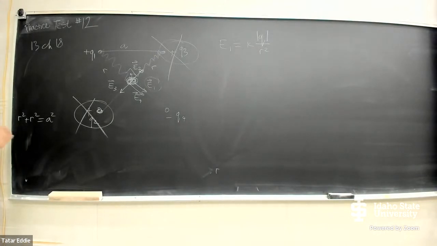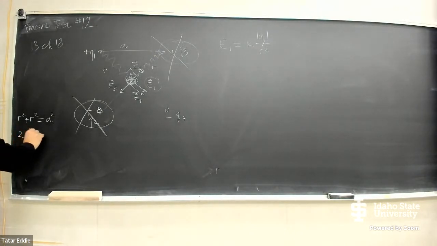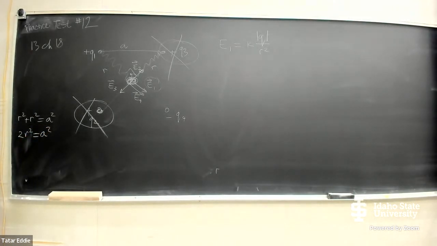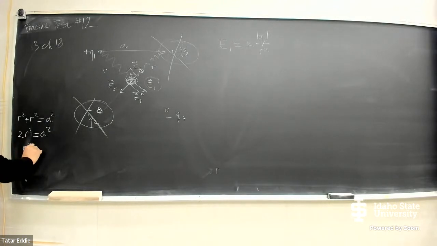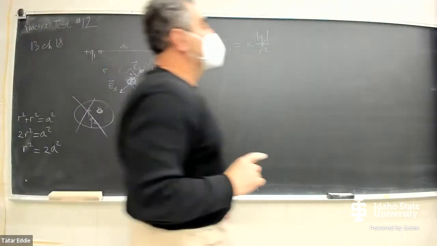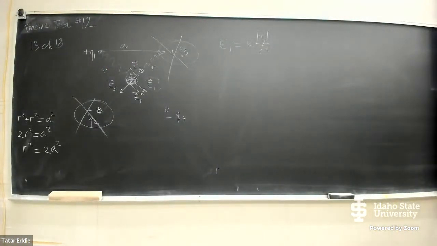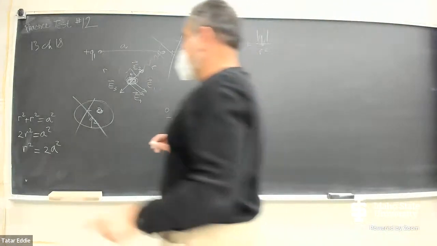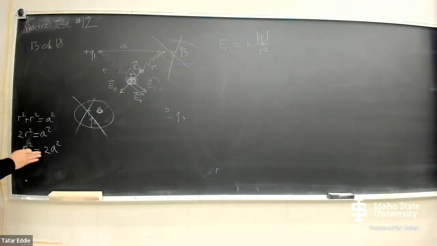In other words, 2 times R squared is equal to A squared, or R squared by itself is equal to A squared over 2, where A is the length of the side in meters. So you have to convert the number. For me, it is 4.1 centimeters. You have to convert it into meters. Would it be A over 2 squared? Oh, yes, of course it will be. Yes, thank you.